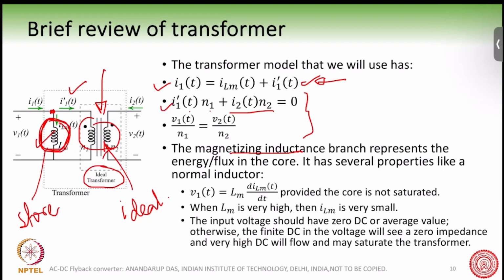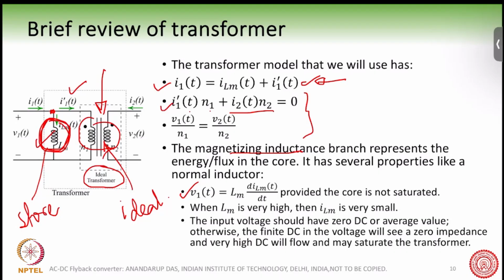If this is going to store the energy, it is behaving like an inductor, so it will follow the equations of an inductor. For example, the first equation which we know, V equal to L di/dt, is the main equation of an inductor, which will be followed here.